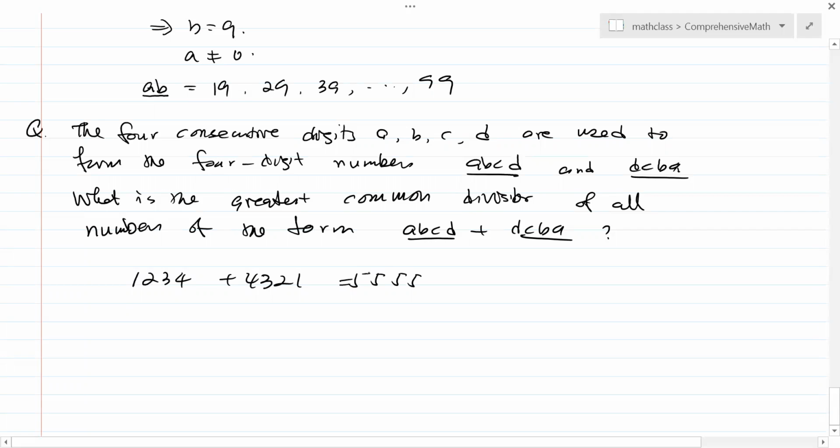Yeah, you have to find the largest number that you can divide all of such sums by without a remainder. So that's why I call it the greatest common divisor.